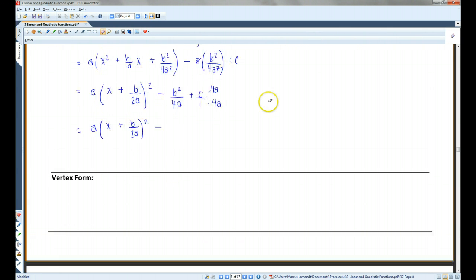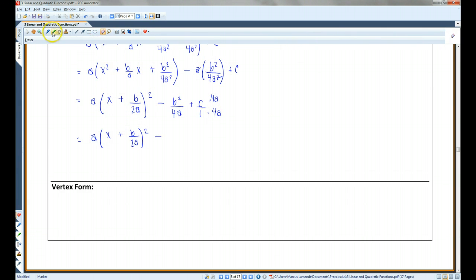I'm actually going to put the 4ac out in front so that I can make this a positive. So I've got 4ac minus b squared all over 4a.